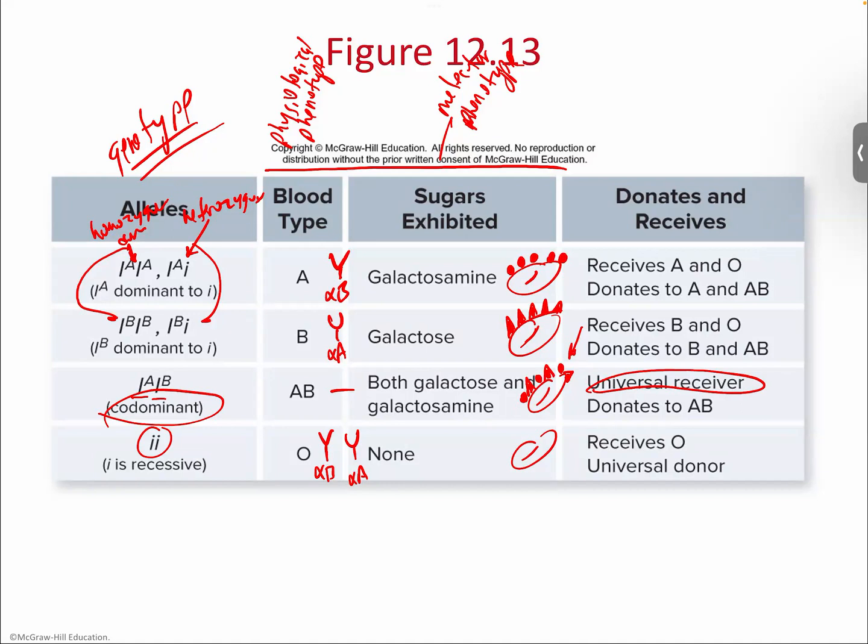But can O give it to AB and B and A? Yeah, so O is what we call the universal donor. So we all love the O people because they're going to save the world. They can save us all. Yeah, like great.